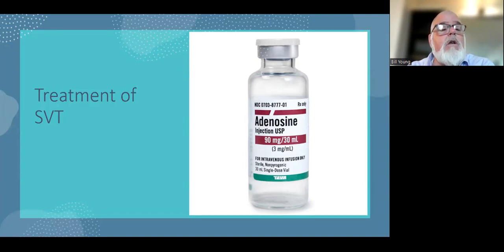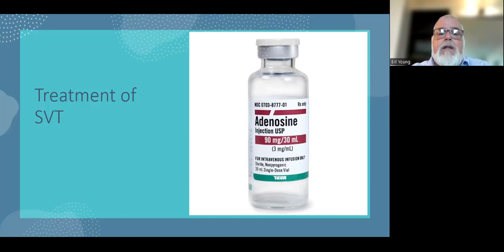The other thing you want to do is use a short catheter, not a long one, because the longer the catheter, the more the friction. And you're thinking, well, it's only going to be a few microseconds. But understand that the half-life of adenosine is about 10 seconds.